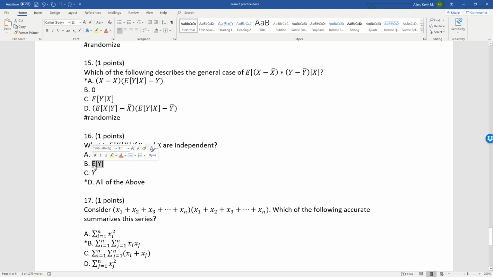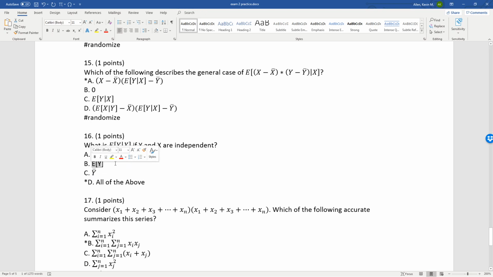So there are many different ways you could interpret these things. For example, if I wanted to be more confusing, in this question, I could have replaced y bar with the expected value of y. However, I didn't feel like that was very useful to do. So I generally prefer using y bar instead of expected value of y.